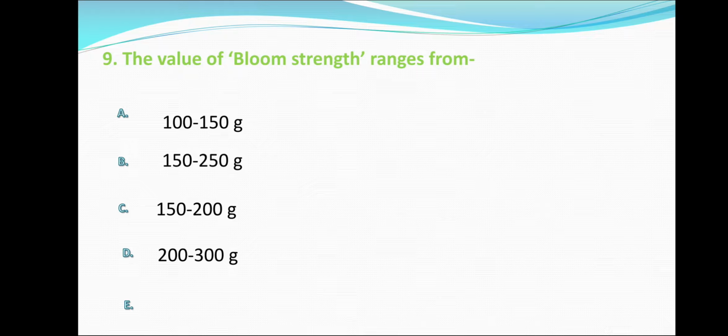Here bloom strength is also known as gel strength, and it is the measure of the cohesive strength of the cross-linking that occurs between gelatin molecules and is proportional to the molecular weight of the gelatin.